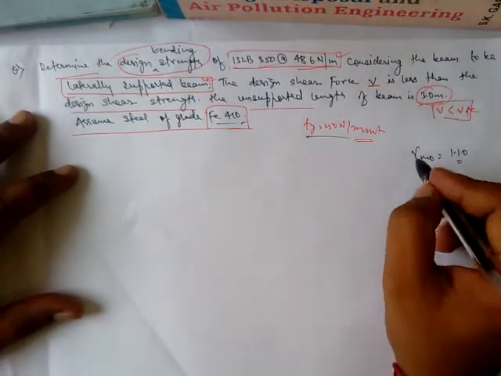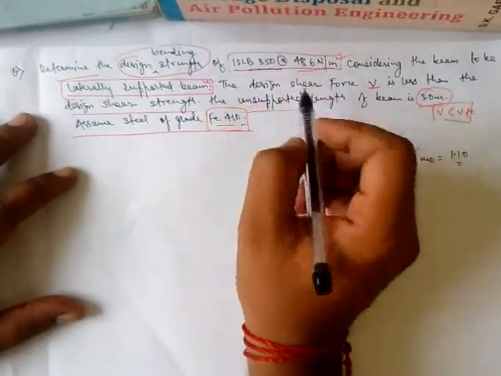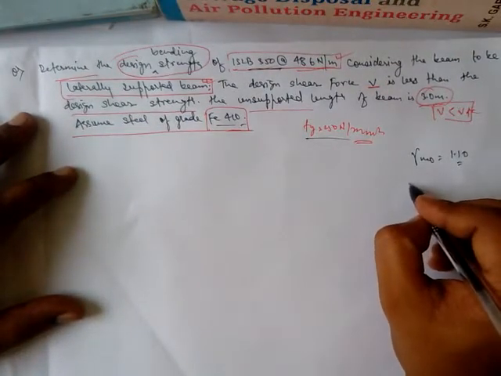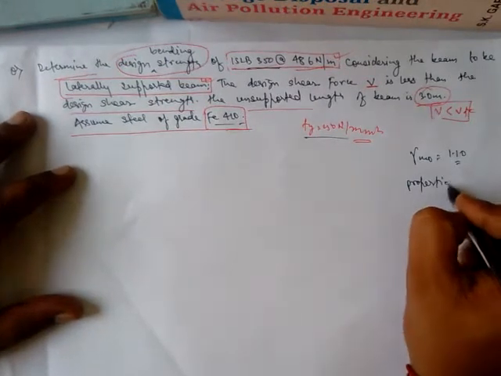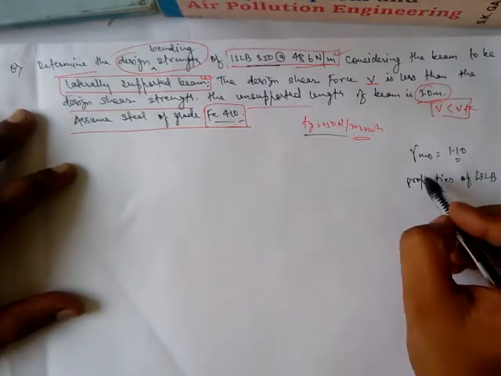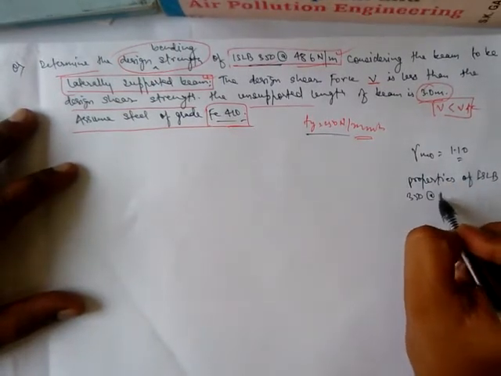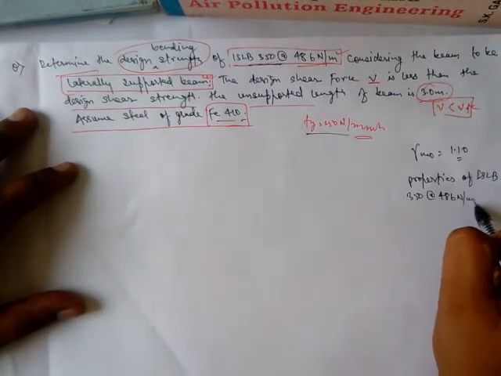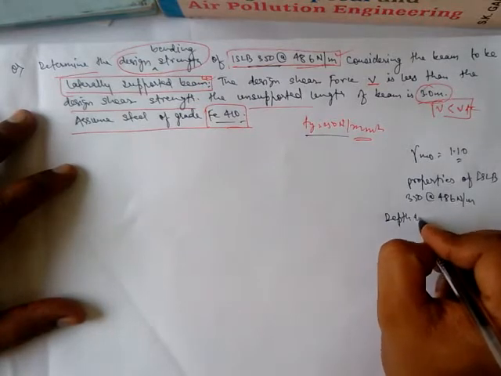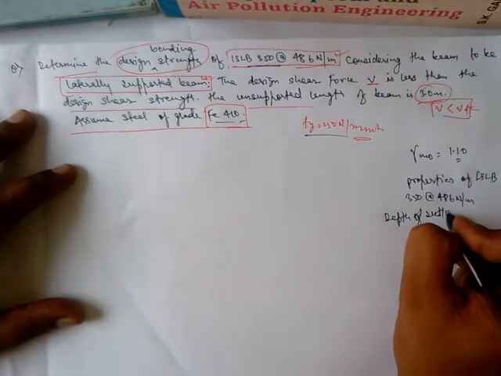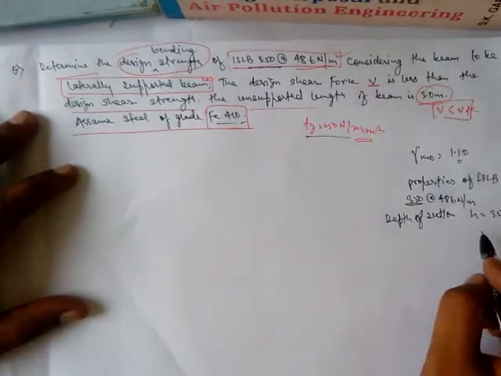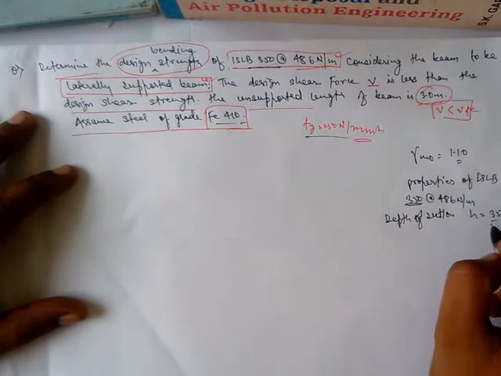Now the relevant properties of ISLB 350 @ 486 N/m are, first of all, depth of section, that is H, is 350 because it is ISLB 350.